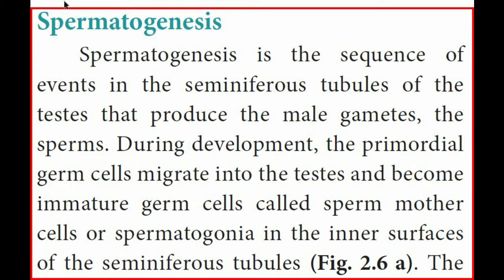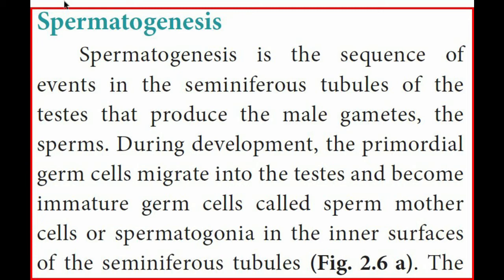Once again I am saying, during the development, the primordial germ cell, moola cell in Tamil, migrates into the testes. Where is the testes? The testes is inside the scrotum.